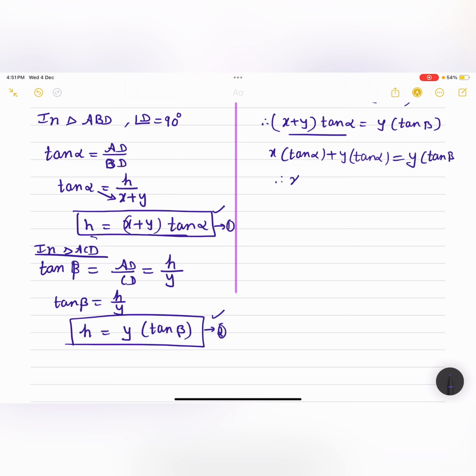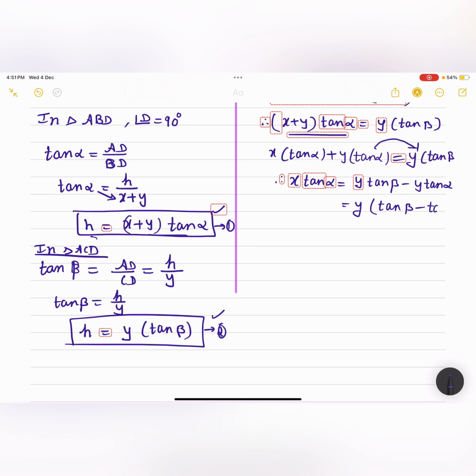Therefore x tan alpha will be equal to y tan beta minus y tan alpha. I have transposed this y tan alpha to the right side. Now y is a common factor, so we can write tan beta minus tan alpha into y. Therefore x will be equal to y by tan alpha into tan beta minus tan alpha.